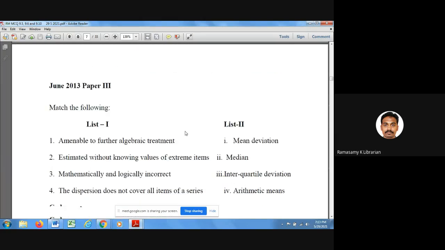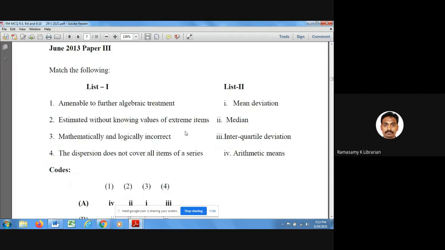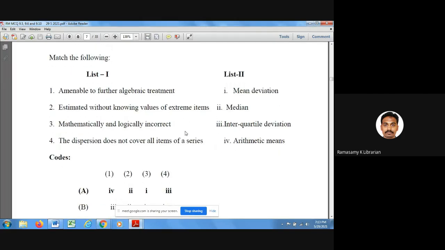Okay, fine. June 2013, let us match the following. Okay, here, amenable to further algebraic treatment. That means there is a number which can be subjected to further treatment in other statistical tools. So what is the answer? Arithmetic mean, that is average. If you have calculated the mean, it can be used in many other tests.